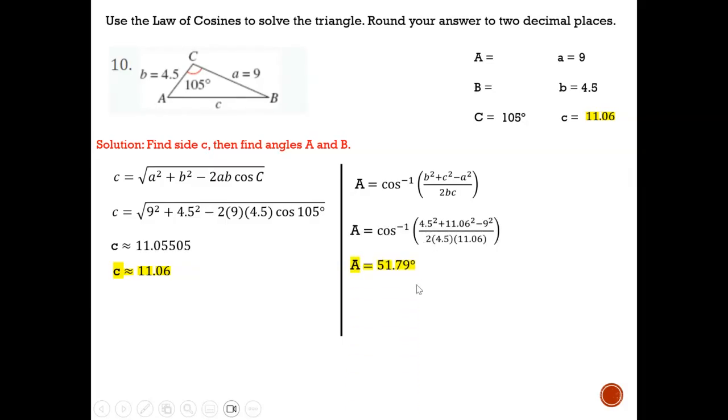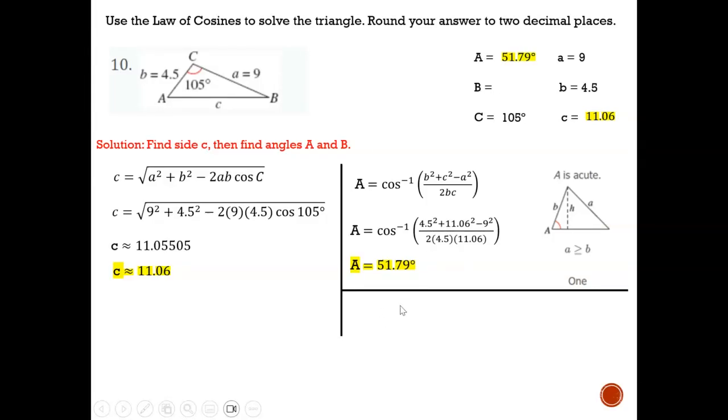Plug everything in, and angle A is 51.79, which means angle A is acute. Since angle A is acute, and there are four conditions, and one was that A is more than or equal to B, which it is, it's going to be one triangle. So for one triangle, all we have to worry about is finding B, and we're done.